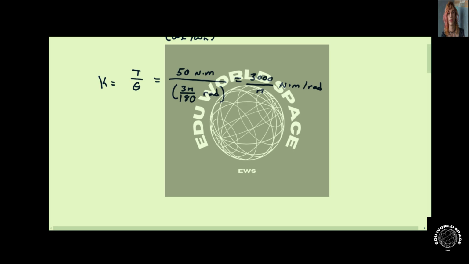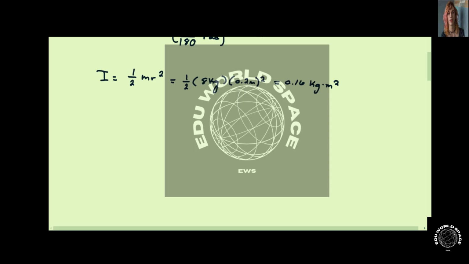Okay, so now we have to do the moment of inertia, which is just 1/2 times 8 kilograms times 0.2 meters squared, which equals 0.16 kilogram meters squared.